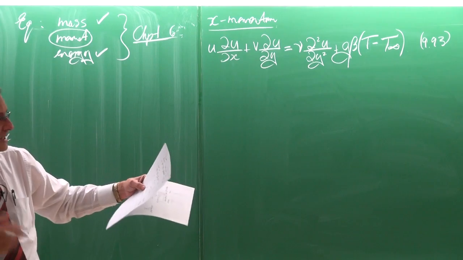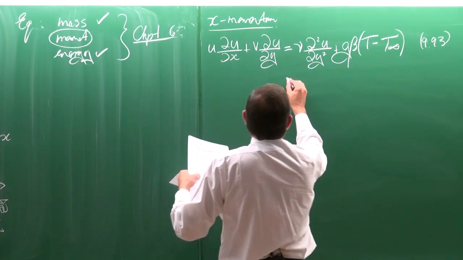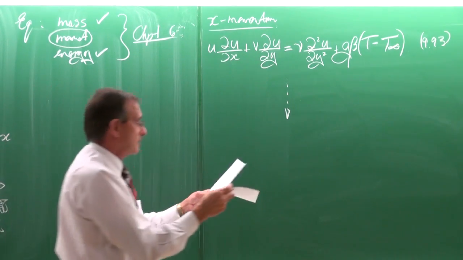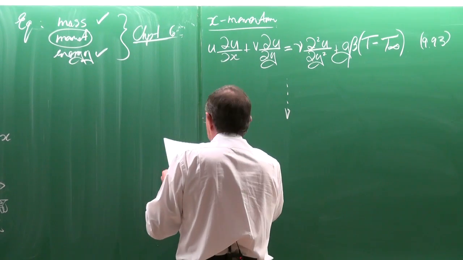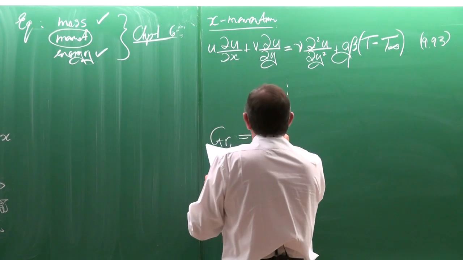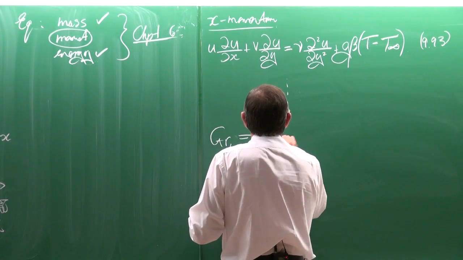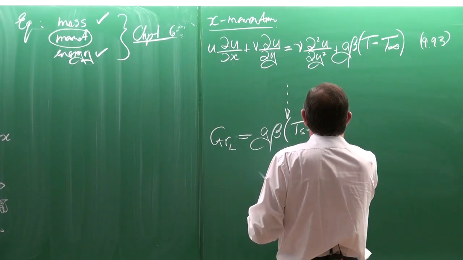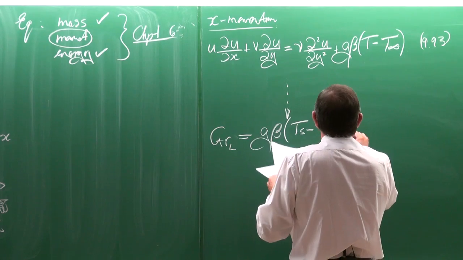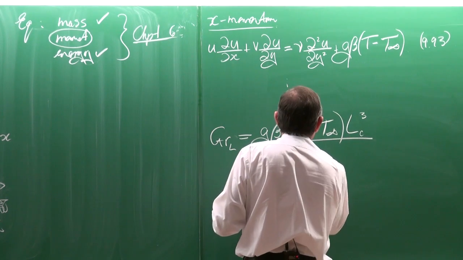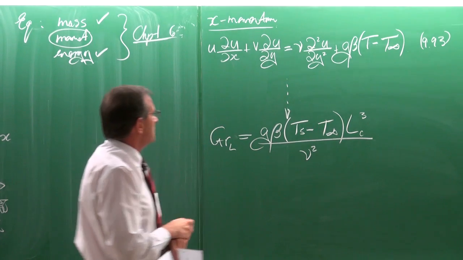But what is important is the following, after jumping a few steps, so it is in your textbook, you can go and look at it. What now pops out here is the following non-dimensionalized group, which is equal to g multiplied by beta multiplied by Ts minus T infinity, multiplied by Lc to the third, divided by the kinematic viscosity squared.